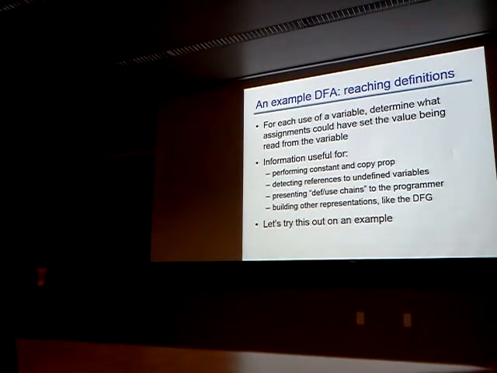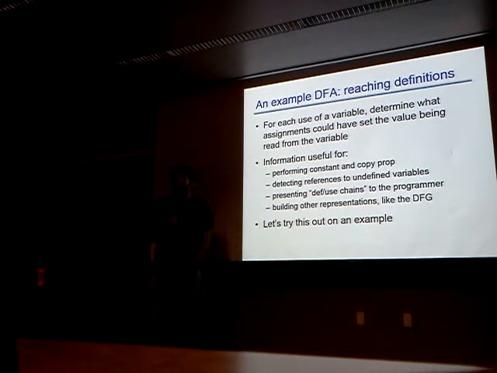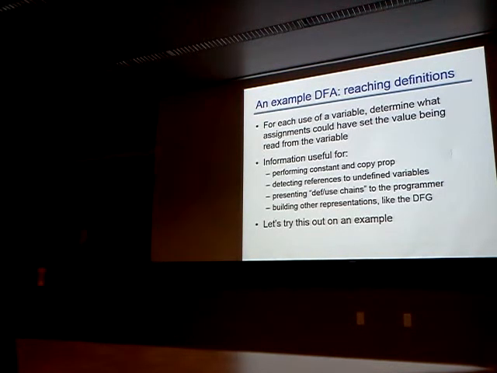Oh, so we will do an example. We will do this through an example. The first thing we'll do is build all of this data flow analysis stuff through an example first. The example I want to do is something called reaching definitions. The idea here is I have a variable that's being used at a particular statement.